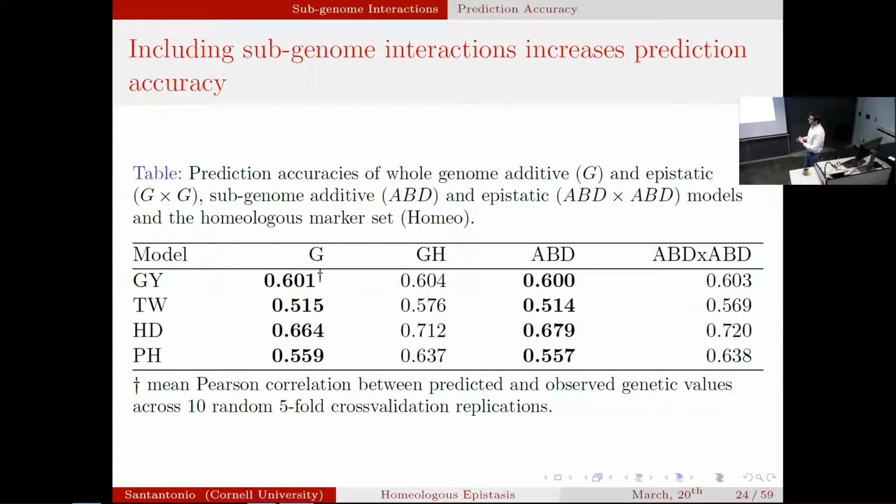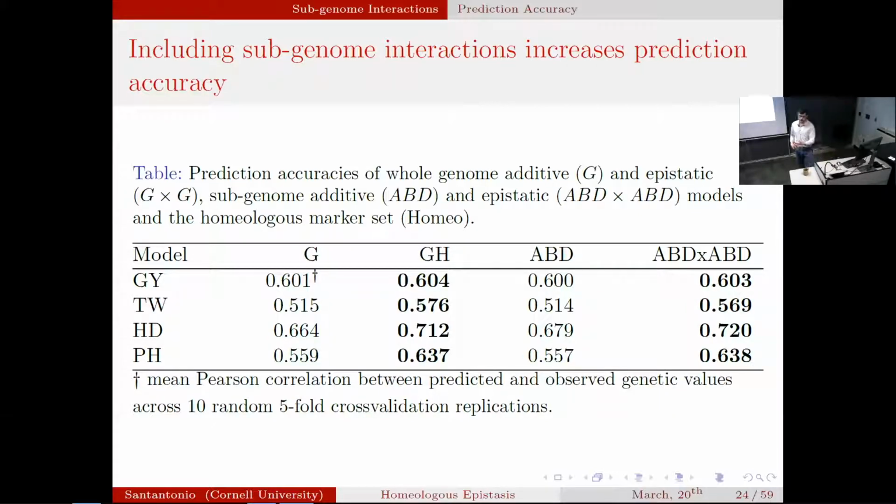And then if we incorporate epistatic interactions, one of the things we can do is incorporate all interactions, or we can just incorporate the interactions across the subgenomes. And we'll notice that, again, we see increases in prediction accuracy for all the traits, except for arguably grain yield here. And those increases are the same regardless of whether we're modeling all pairwise or just the pairwise across subgenomes.